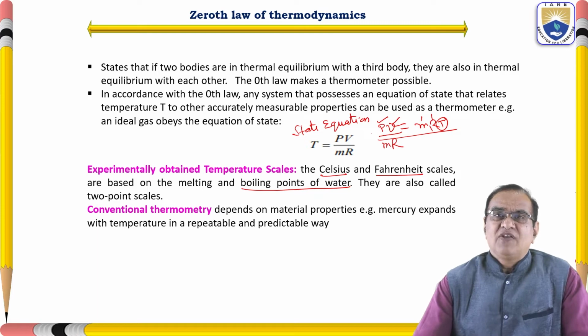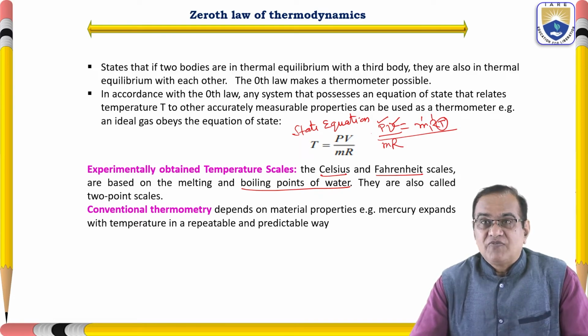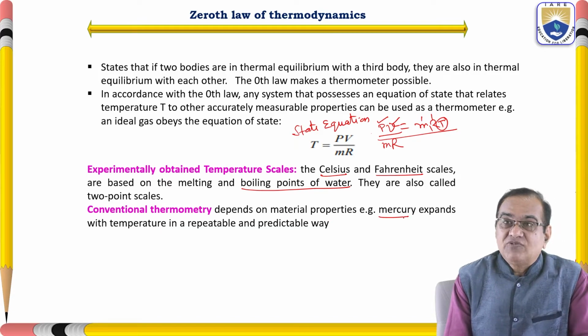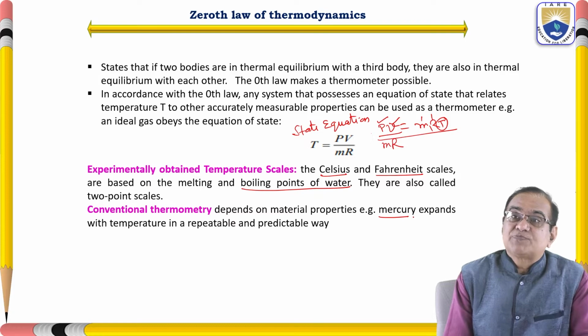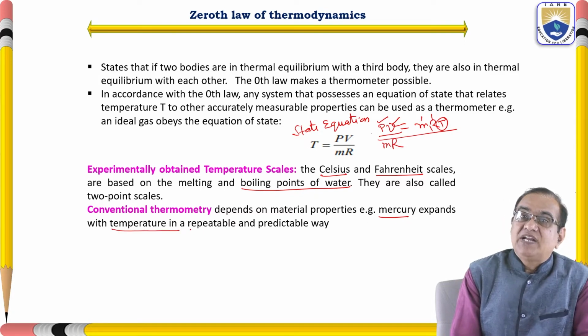Then conventional thermometry depends on material properties, like mercury expands with temperature in a repeatable and predictable way. So we use some materials like mercury, and if we give heat, it will expand directly proportional to the temperature, and it will repeat.